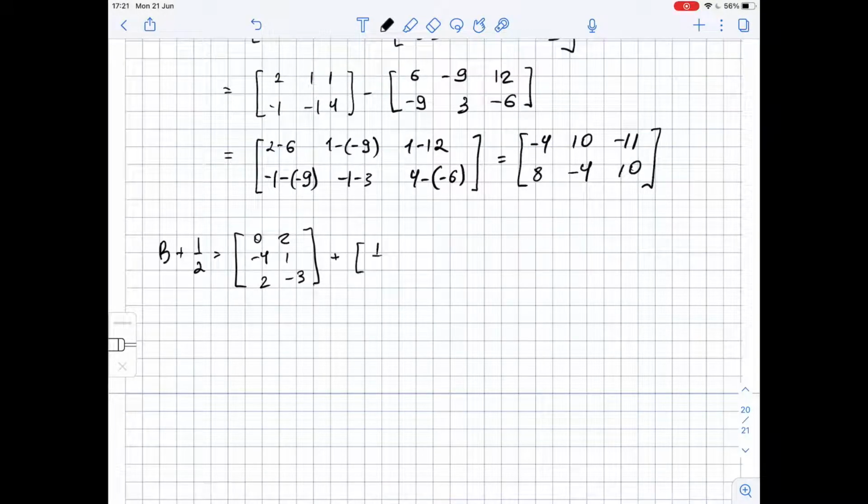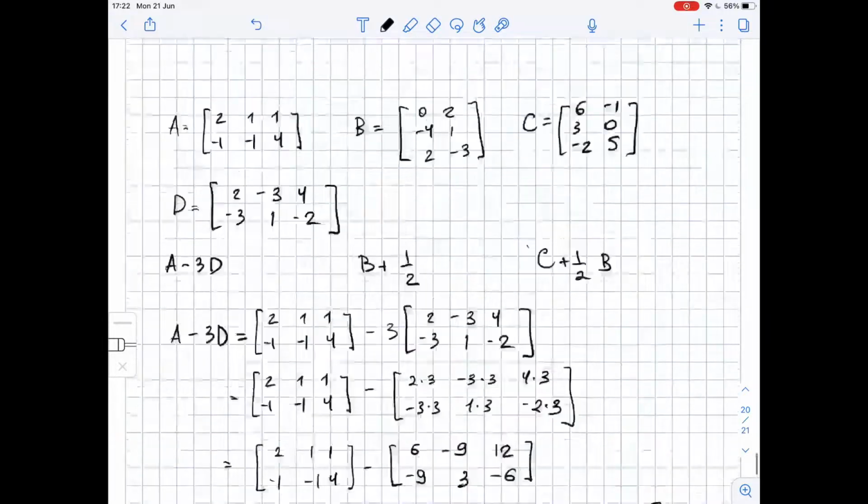As I've said before, we cannot add matrices of different order. Since B is a 3 by 2 matrix and 1 over 2 is a 1 by 1 matrix, they cannot be added, which means that this does not exist. The value of this expression does not exist.